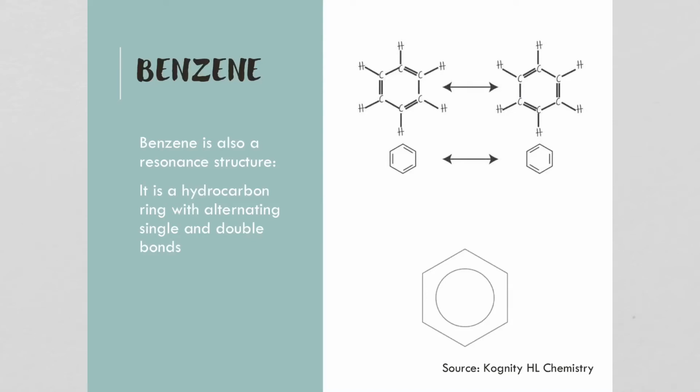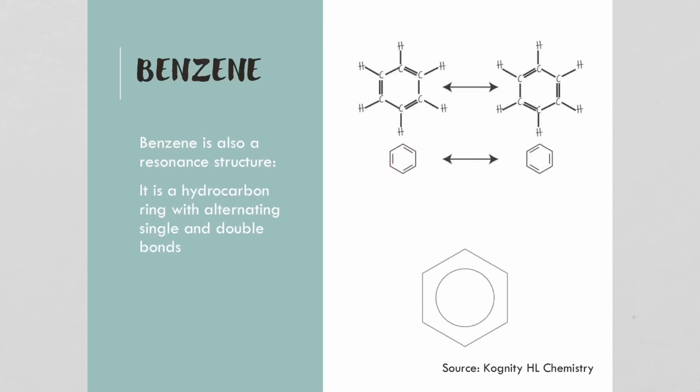One way chemists sometimes represent hydrocarbons that are in cyclic form is just by drawing the shape. If you just drew a hexagon, you would know that it was a cyclic hydrocarbon with six carbons in it, and it can alternate with double bonds on every other one.